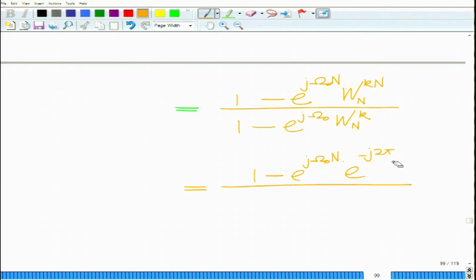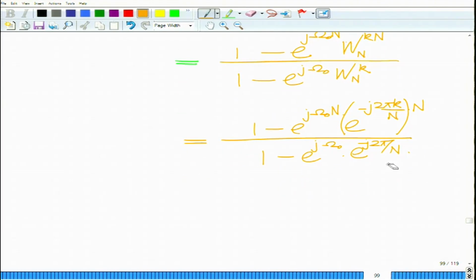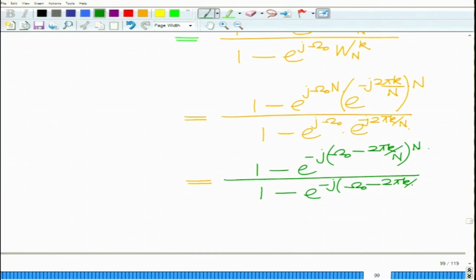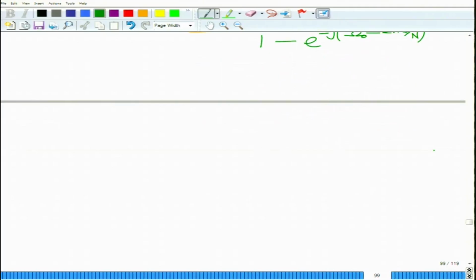Writing W_N^k as e raised to minus j 2 pi k over N, this becomes 1 minus e raised to minus j (omega naught minus 2 pi k over N) raised to the power N, over 1 minus e raised to minus j (omega naught minus 2 pi k over N).